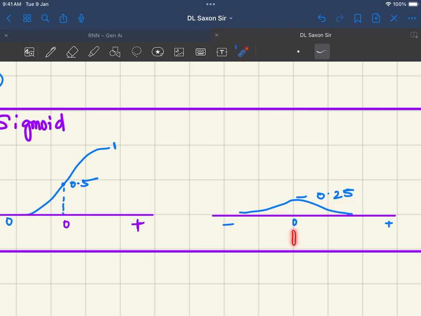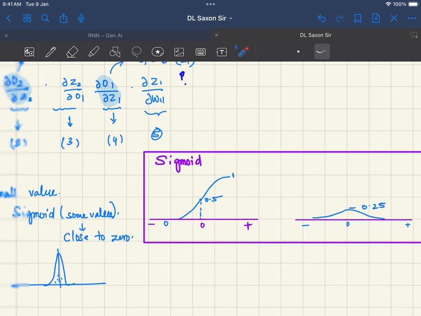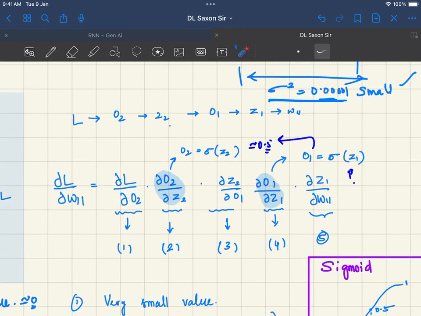So when the value is close to 0, the derivative is going to be close to 0.25.